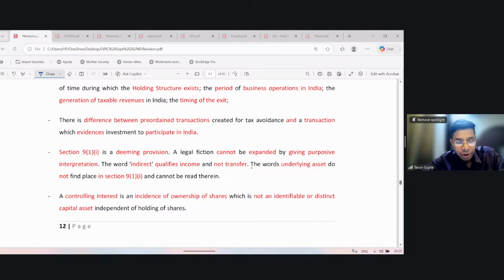A controlling interest is an incidence of ownership of shares, which is not an identifiable or distinct capital asset independent of the holding of shares. So once you hold a share, you have a controlling interest, because controlling interest goes with the shareholding. It is not independent of shareholding. It cannot be that you hold the share and I have the controlling interest.